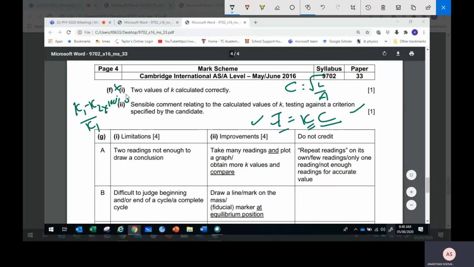So 2.2 minus 2, how much do you get? 0.2 on top. Divide by K1 or K2 at the bottom, one of the values is accepted. Then times 100% and see the percentage.